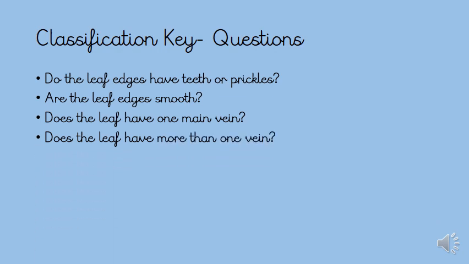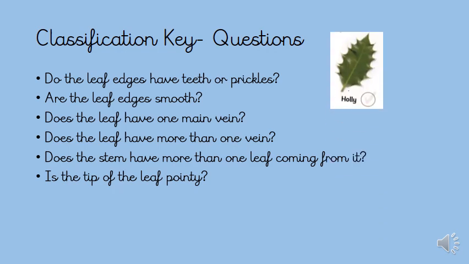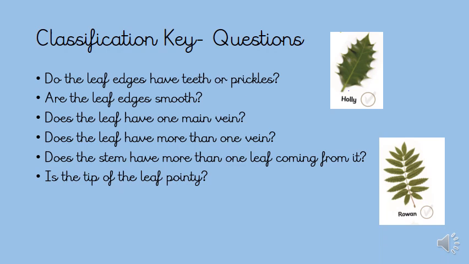Does the leaf have more than one vein? Does the stem have more than one leaf coming from it? And is the tip of the leaf pointy? The holly leaf here we can see has quite spiky edges. And the rowan leaf here we can see has more than one leaf attached to the stem.